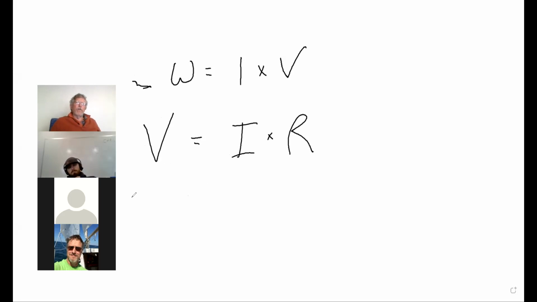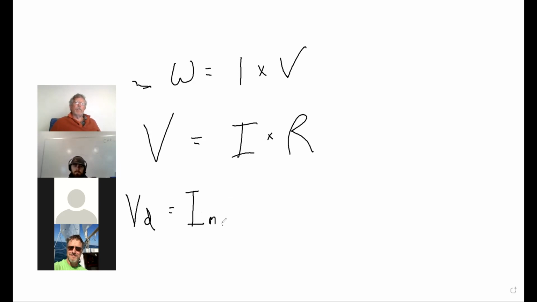But the third equation that we're going to need to know is voltage drop. Voltage drop equals amps. And what amps are we talking about?